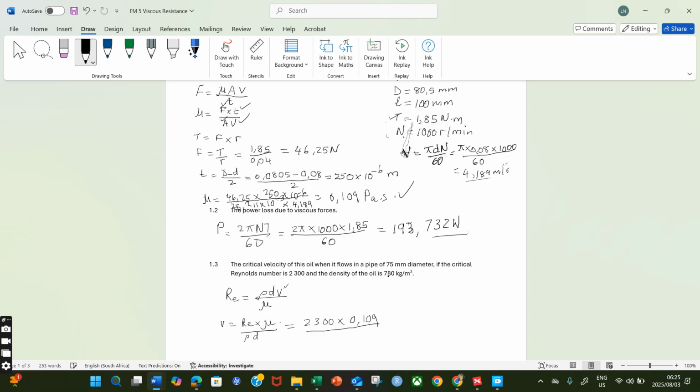All this over, we've been given the diameter of the pipe, which is 0.075, multiplied by the density of the fluid, 780 kilograms per cubic meter. When we calculate, it gives us 4.457 meters per second.